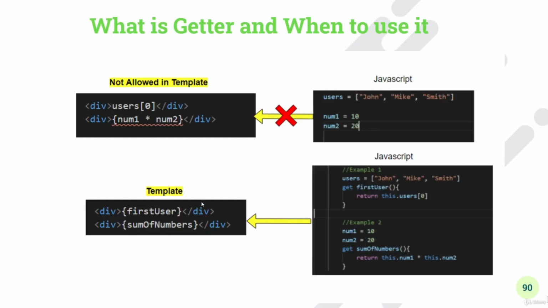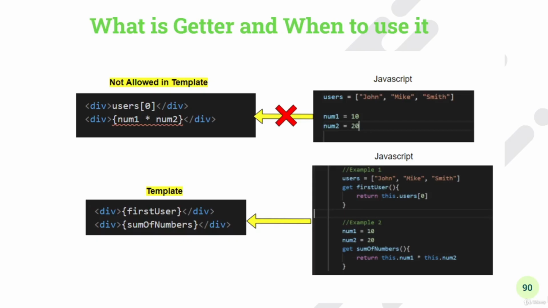What getter said is, you perform your operation in JavaScript, I'll bind your data back to your template, and it automatically binds it. You don't need any action or anything to update this. As soon as a particular value changes, it keeps an eye and updates the template. And getter always starts with a get keyword.